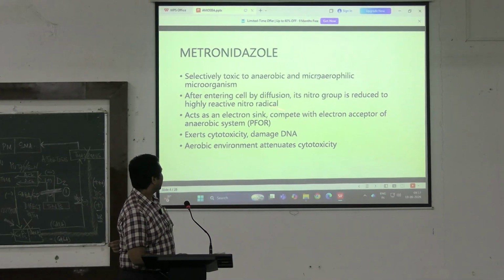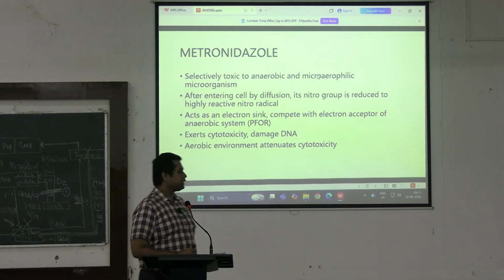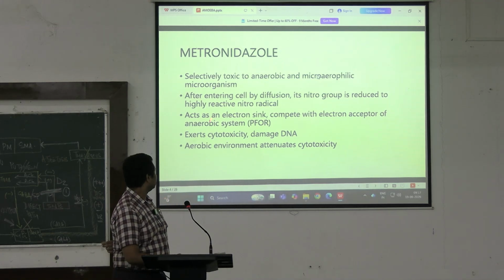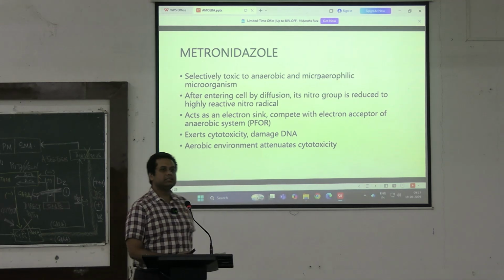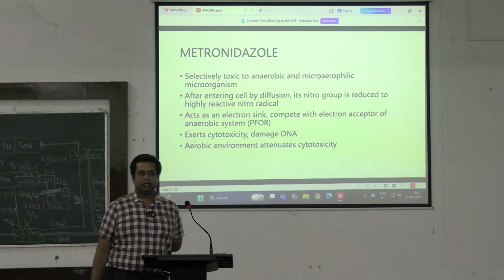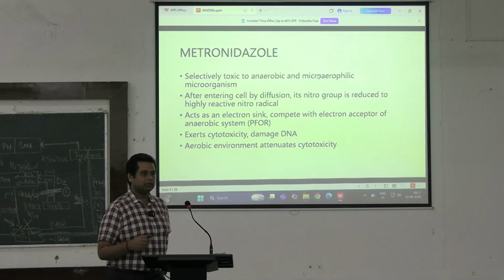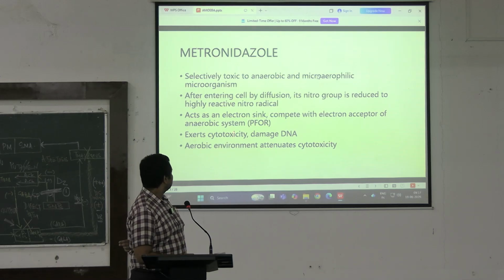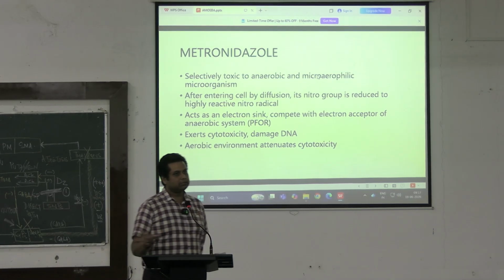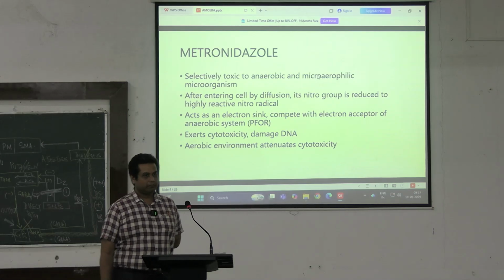Then after entering the cell, the nitro group is reduced to a highly reactive nitro radical, which acts as an electron sink and accepts the electron from pyruvic acid, the pyruvate. Then it exerts a cytotoxic effect and damages the DNA.